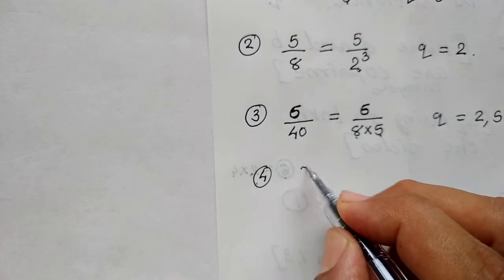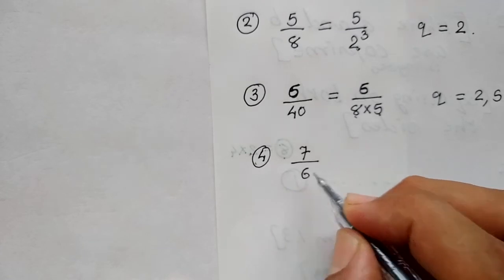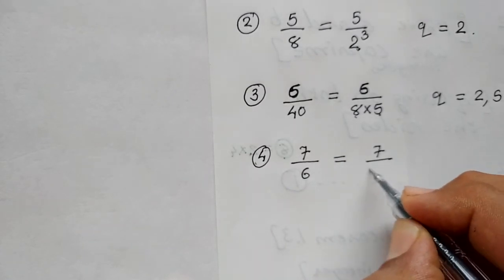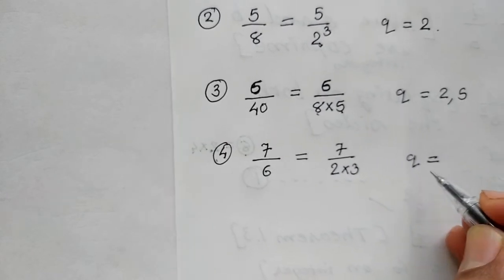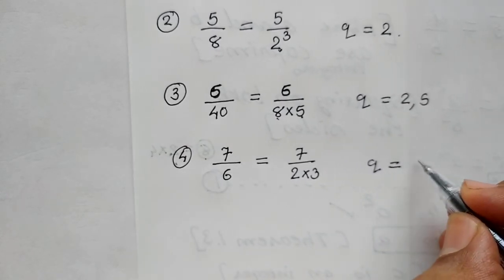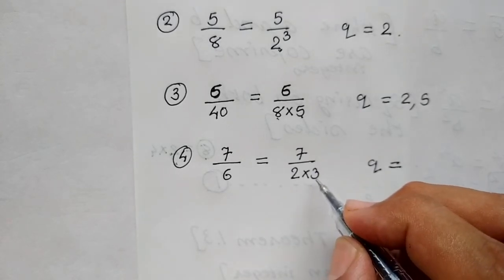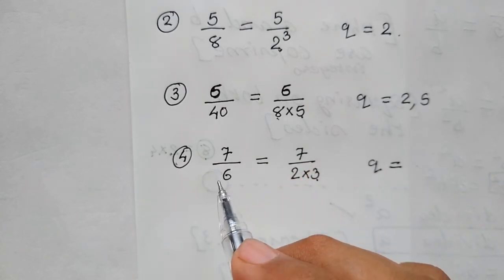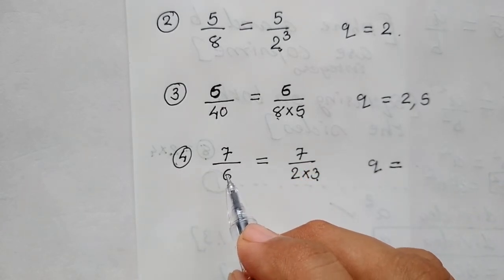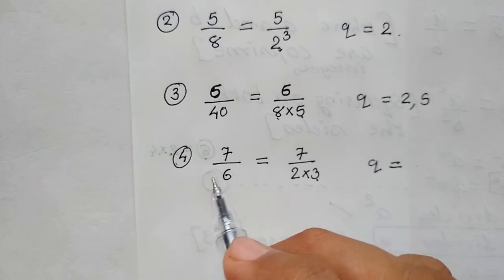Next example, 7 upon 6. So it is 7 upon 2 into 3. Now q must be 2 or 5. 3 cannot enter. Here 3 is there. So when you divide this, you will not get a terminating decimal expansion. Your answer would be non-terminating repeating, 100% children.